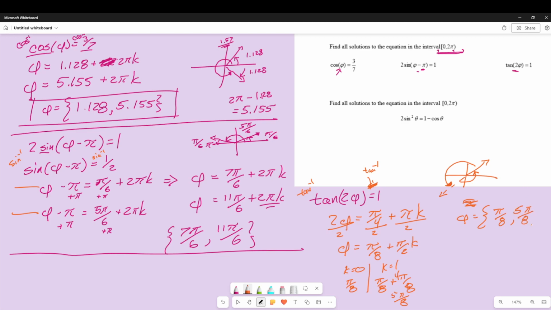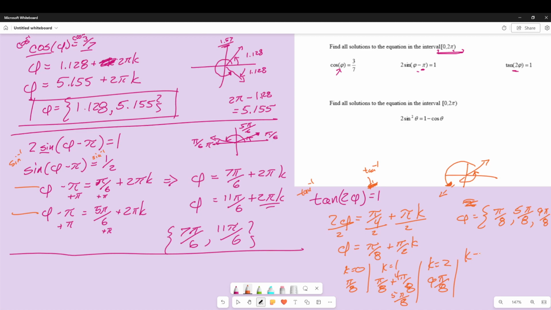If k equaled 2, we'd be adding 2 of those, so we'd be adding another 4, so that would get us to 9 pi over 8, and 9 pi over 8 is within our interval, so that's a solution.